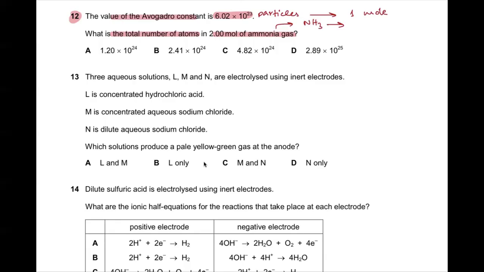It's very easy. There is 1 atom of nitrogen and 3 atoms of hydrogen. So there are 4 atoms, right? And if there are 2 moles, so 4 times 2 makes it 8 atoms.